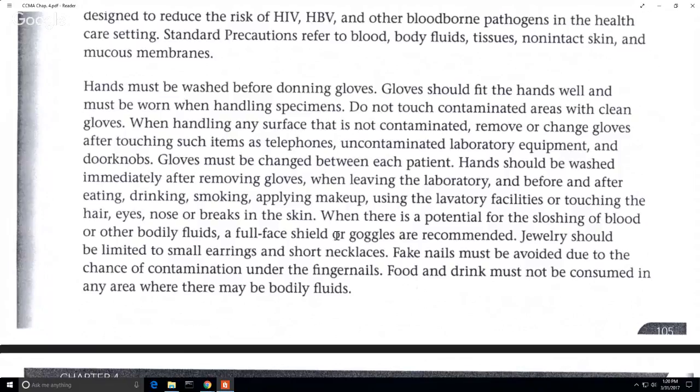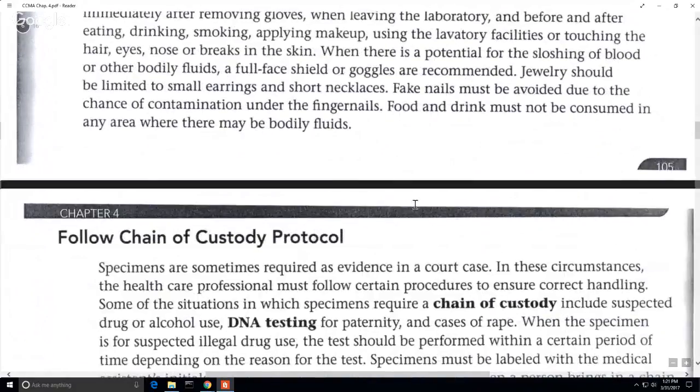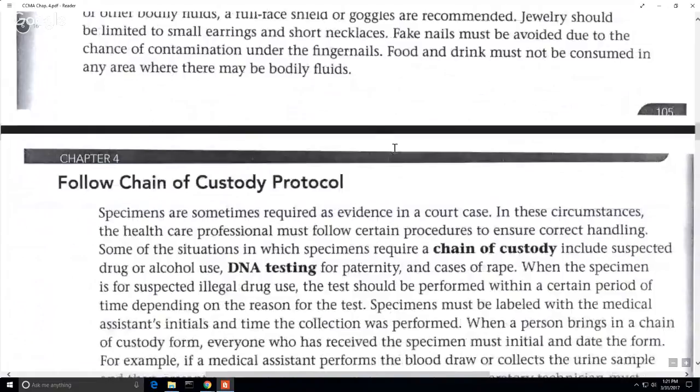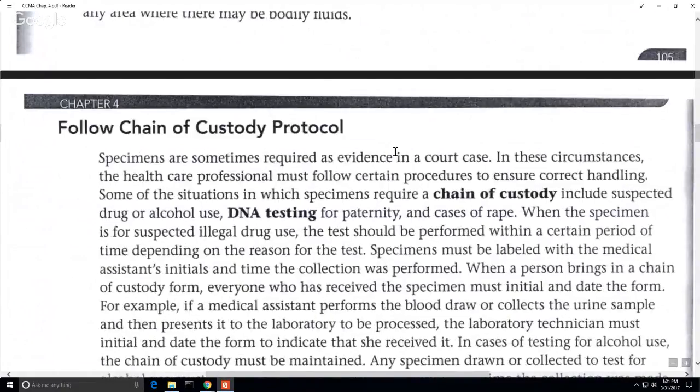Now, fake nails must be avoided due to the chance of contamination under the fingernails. Food and drink must not be consumed in any area where there may be body fluids. So all these are the safety precautions or the contamination precautions.